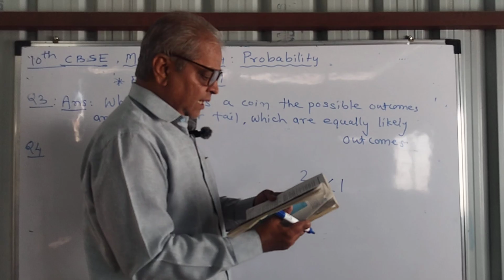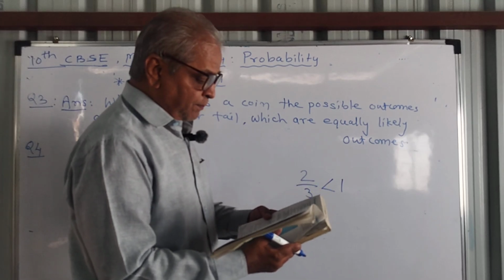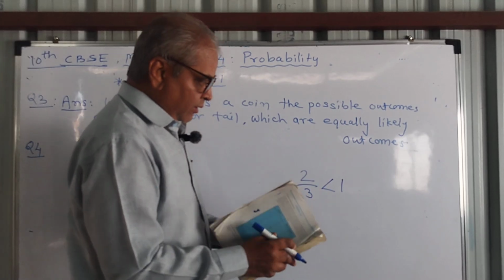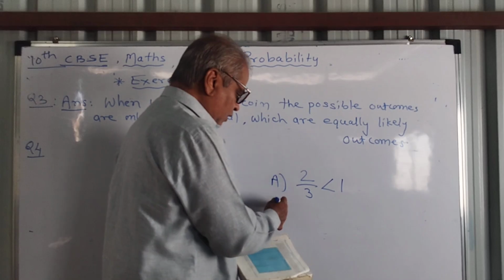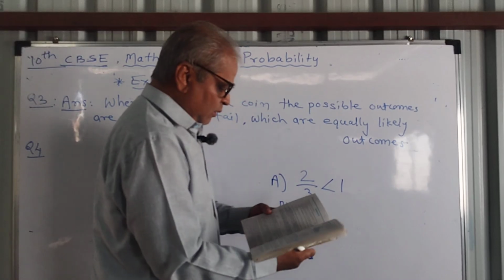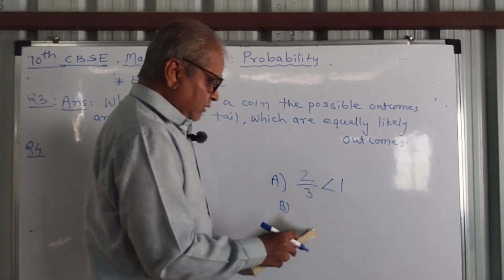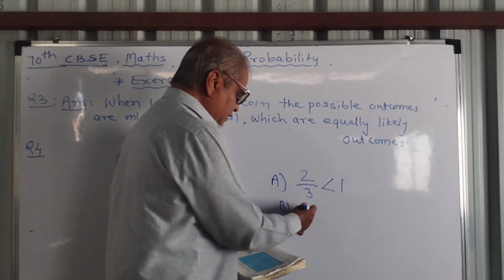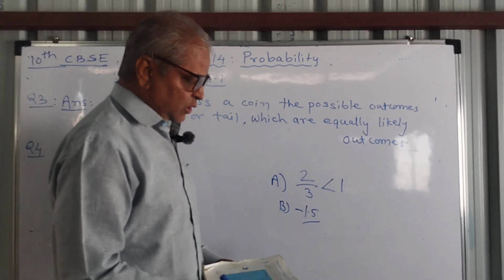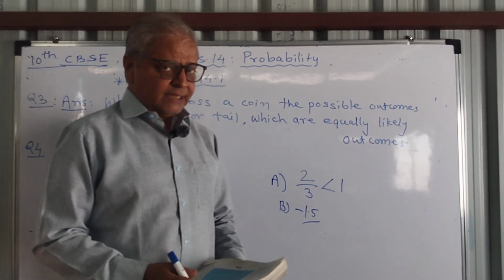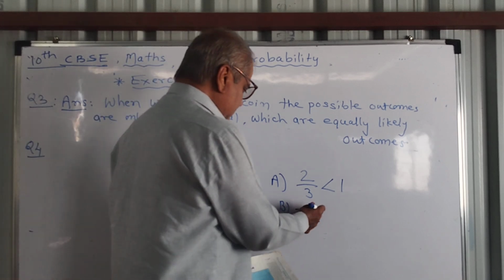So this is a possible probability. Option B is minus 1.5. So minus 1.5 is less than 0, and the probability cannot be less than 0. So this is the answer.